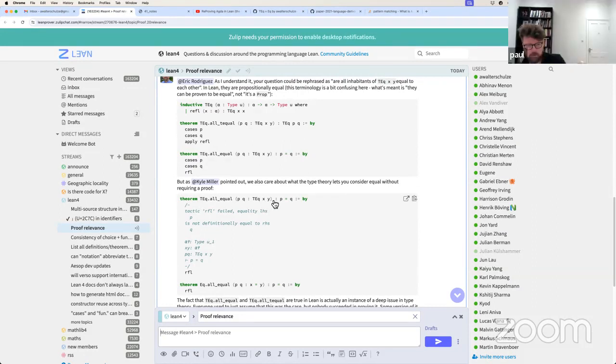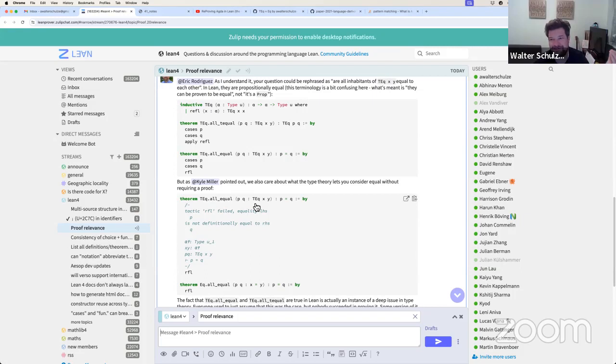We shouldn't overload the word universe, but in the proof relevant world, if those two proofs were equal, then we would be able to say P equals Q, right? And in this case, we cannot do that with reflexivity.